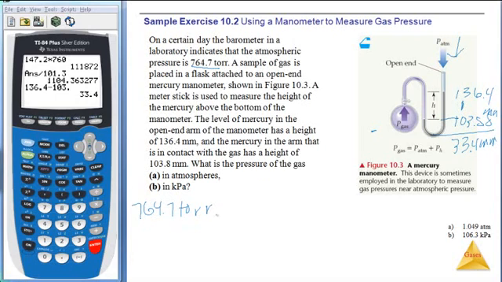So that's an adjustment to the room pressure, and in this case the gas is pushing the mercury up higher than the atmosphere is, so we're going to add that to the pressure in the room, 33.4, and when we do that we get 798.1 torr.